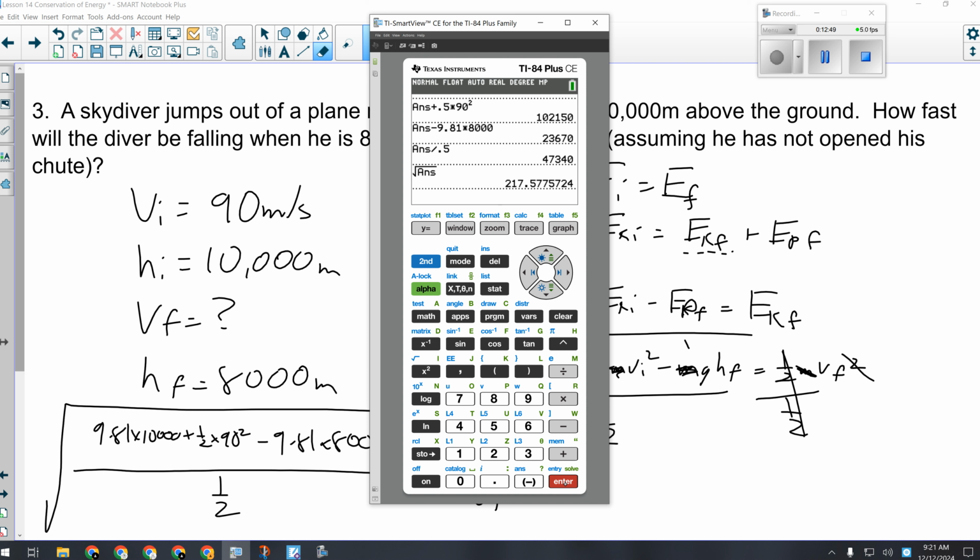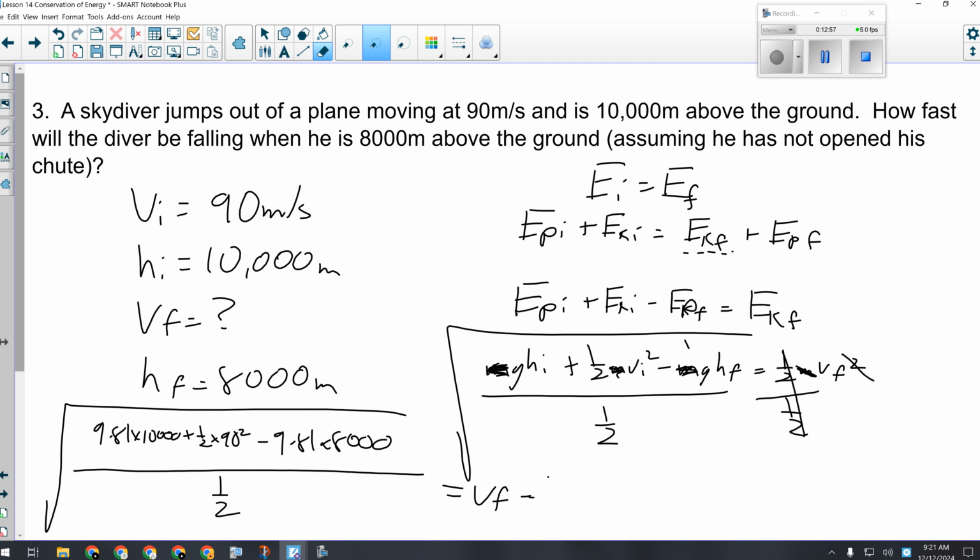Okay, so they are moving at 217.58 meters per second.